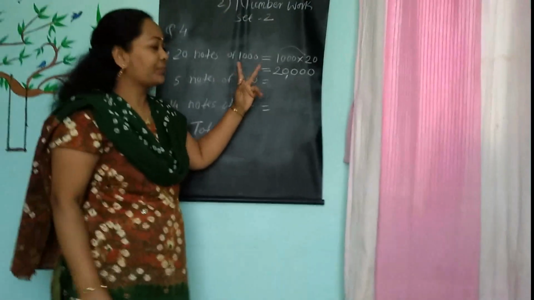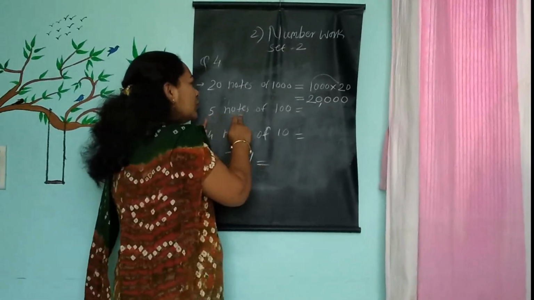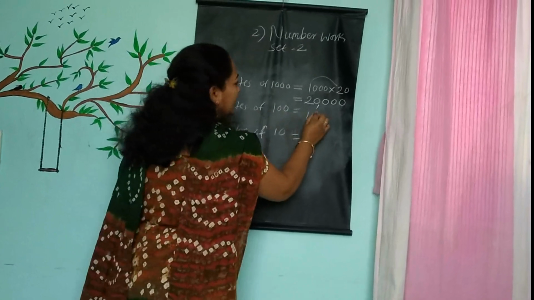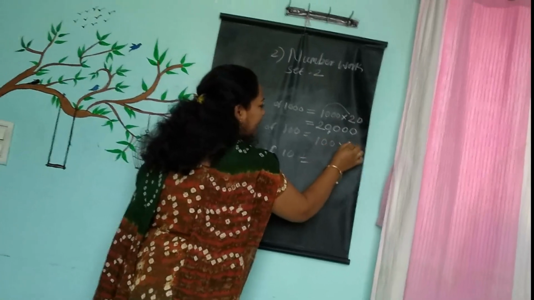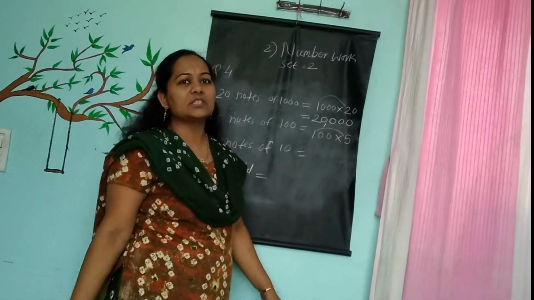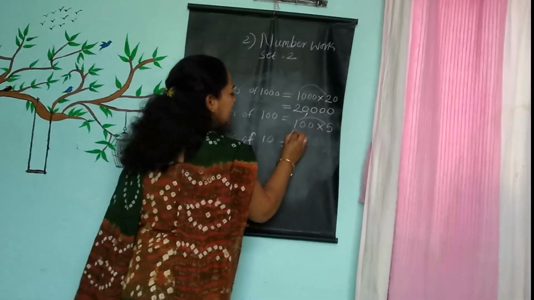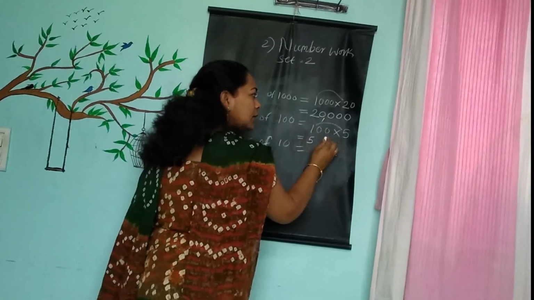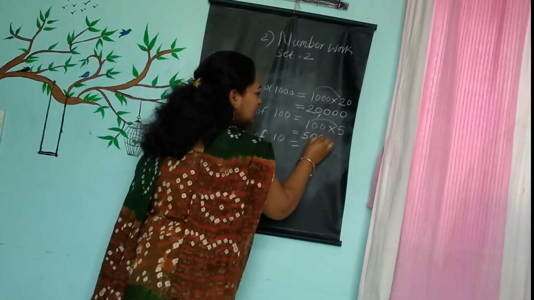Understand here? Then next, 5 notes of 100. Write 100 multiplied by 5. As usual, multiply the first digits: 5 ones are 5, and how many zeros are here? 2 zeros, so give those zeros as it is.